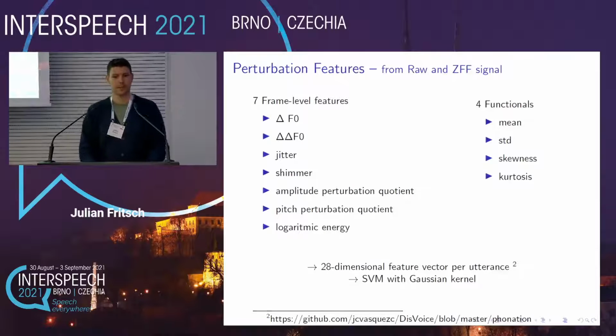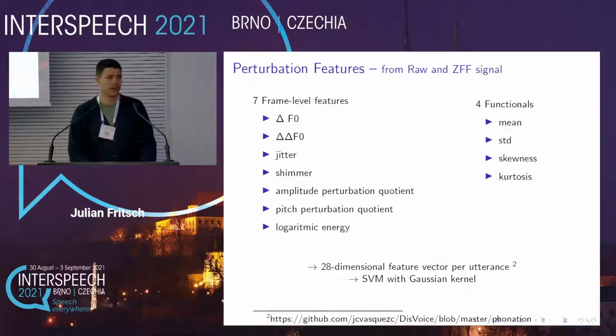Now, based on these signals, we are extracting features. So from the raw and zero frequency filtered signal, we are extracting a feature set which we name perturbation features. There are 7 frame level features: first and second derivative of F0, jitter, shimmer, amplitude perturbation coefficient, pitch perturbation coefficient, and logarithmic energy, of which we compute 4 functionals: mean, standard deviation, skewness, kurtosis.